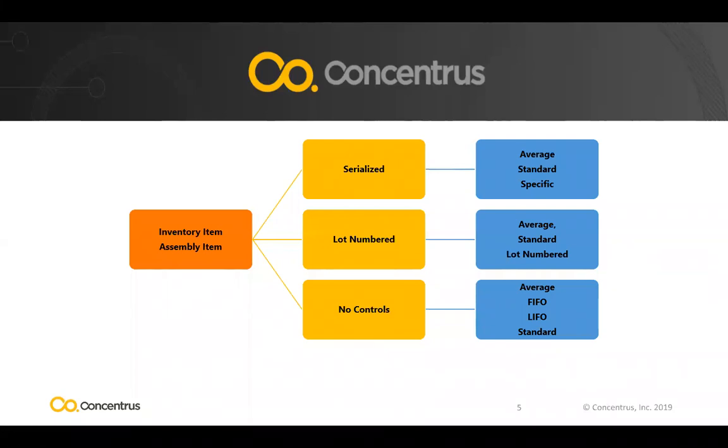The second option is lot numbered, which is the ability to identify an item or a group of items associated with a particular lot number. Average cost, you have the ability to select average cost as well, standard cost, and the lot number cost. Now, lot number cost is slightly different than serialized in that the serialized items have a one-to-one relationship to a specific item. Lot number can have multiple items related to a particular lot, and you can control a cost associated with that lot number.